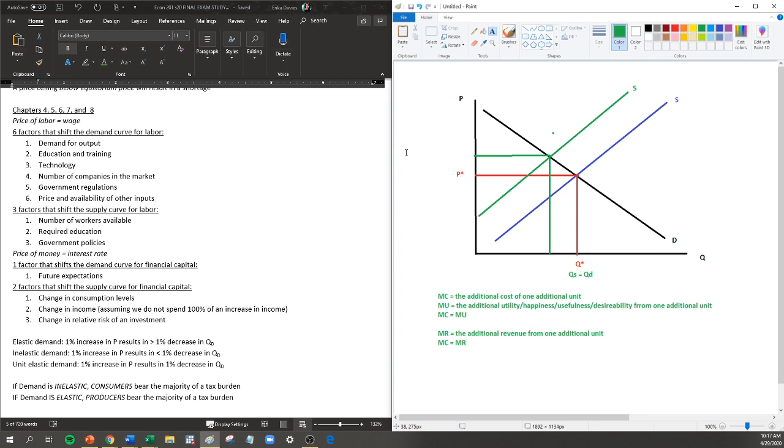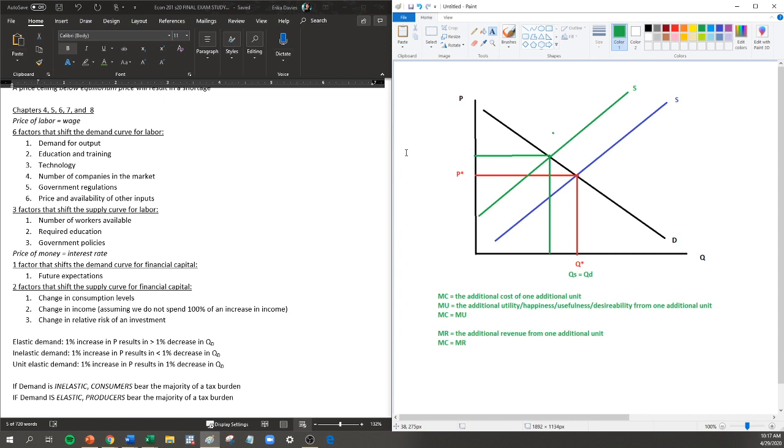In the labor market, firms are consumers and individuals and households are producers. You are a producer. You operate on the supply curve in the labor market. Firms operate on the demand curve in the labor market.